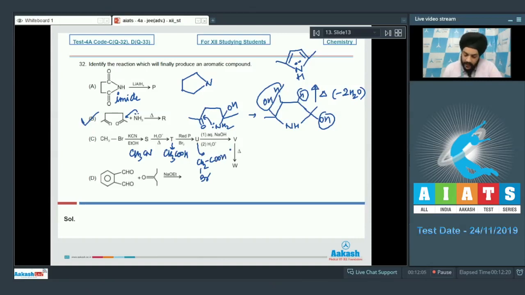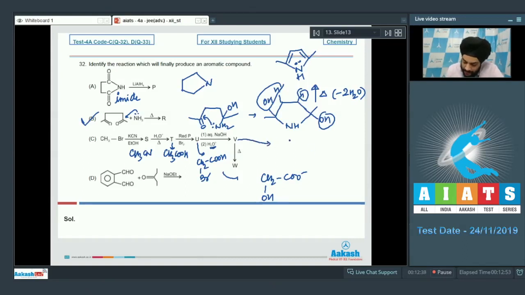COOH. Okay, now this compound U is allowed to react with NaOH and then it is hydrolyzed. Okay, so NaOH is going to convert this into the carboxylate anion, and then it is also going to cause substitution of this Br group. Okay, so we're going to have the formation of CH2(OH)COO⁻ as an intermediate, and this on acidic hydrolysis is going to lead to the generation of acid.